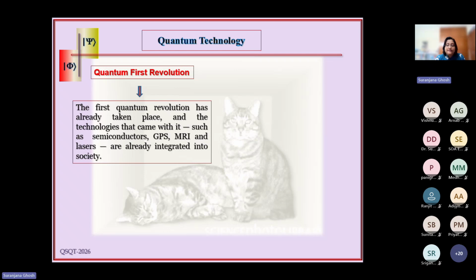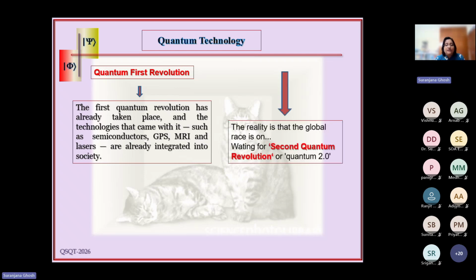But the second quantum revolution, I think we have already entered into it, because now we are not exploring these fundamental laws, but we are trying to control the individual quantum system. We can manipulate and engineer there, so we are now exploiting properties like quantum superposition and quantum entanglement.